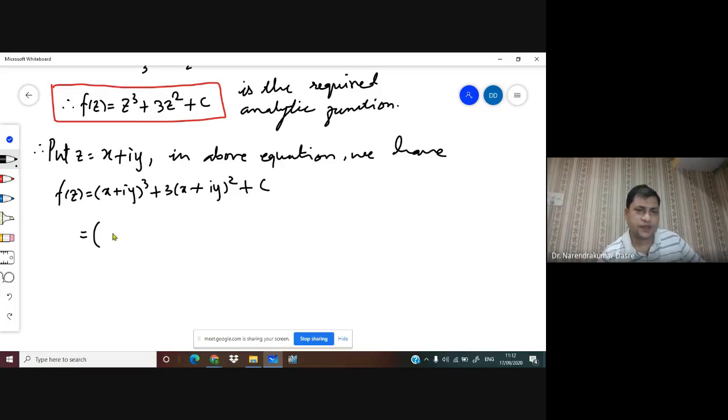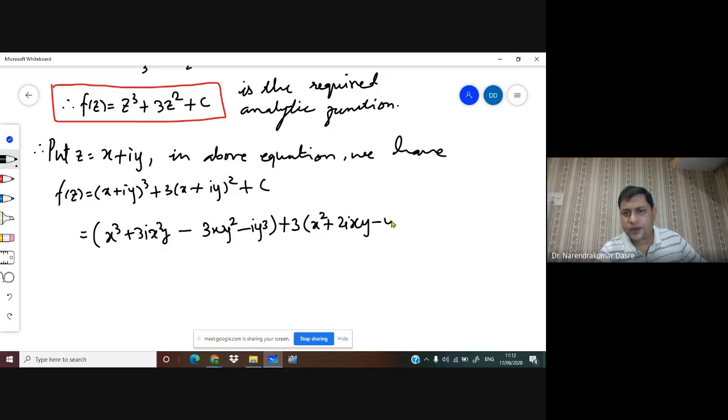So we can expand this as x cube plus 3x square iy minus 3xy square minus iy cube plus 3x square plus 6ixy minus 3y square plus c. So here what we have considered is i square is equal to minus 1, i cube is equal to minus i. Okay, so that's what we have here.